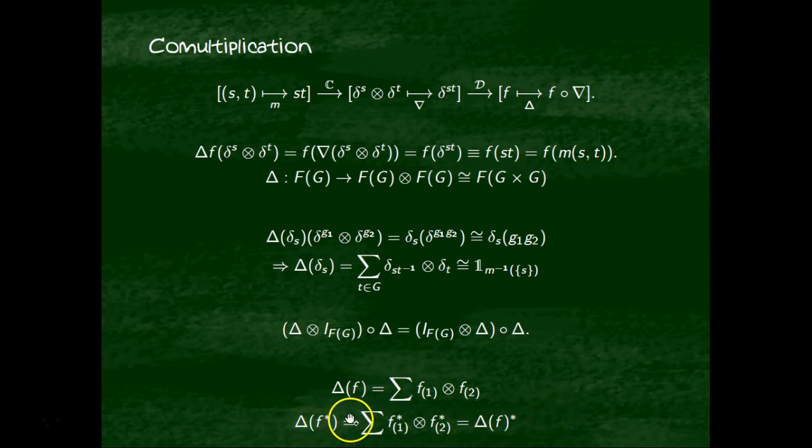And in general, what you can do is write the delta of a function as a sum of these little tensors here. That's just like what we did here. And the star involution is just applied to both of them like this. So that the co-multiplication is a star homomorphism is very important in the theory. So it's worth noting here.